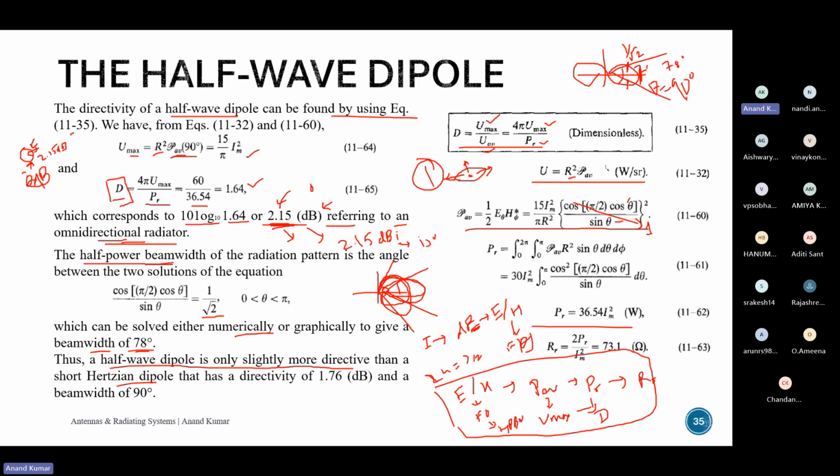Is radiation resistance much closer to the impedance, 75 or 50 ohm? Okay, so this discussion is slightly different from what we'll be covering now. Radiation resistance is a parameter that we define, like one of the properties of the antenna, which relates to the amount of power that will be radiated.